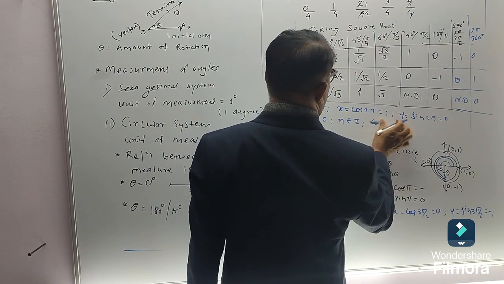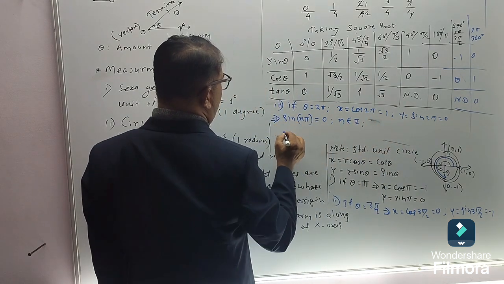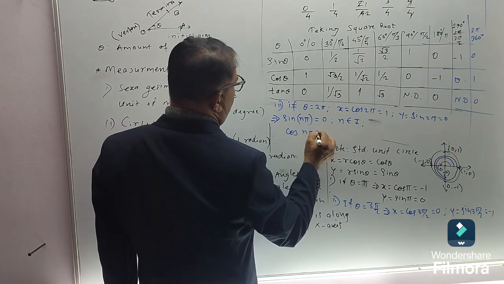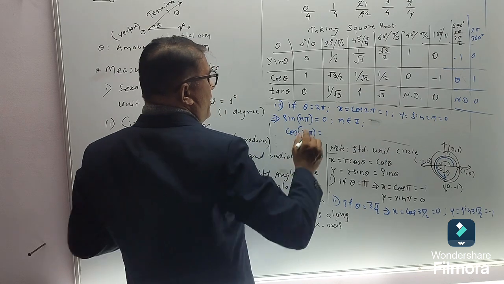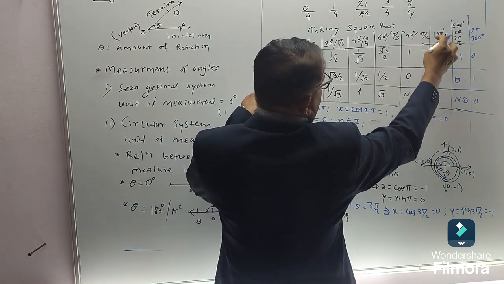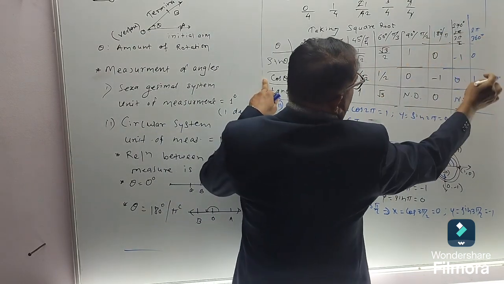Next, cos of n pi. Let us observe. Cos pi is -1 and cos 2 pi is 1.